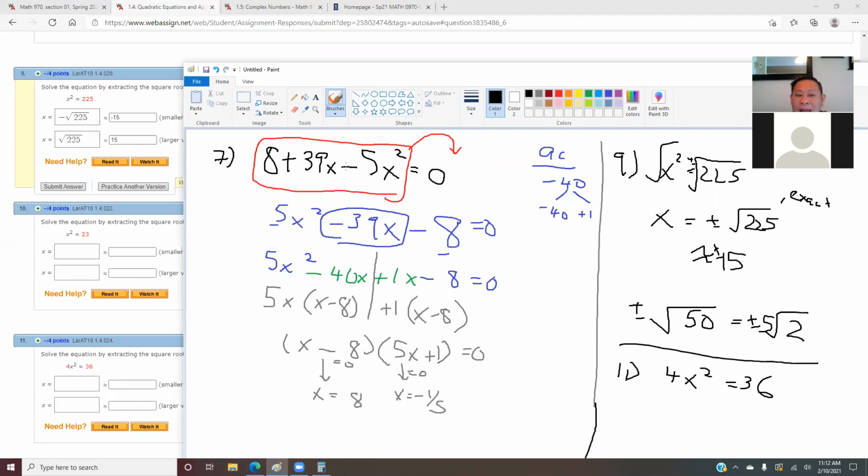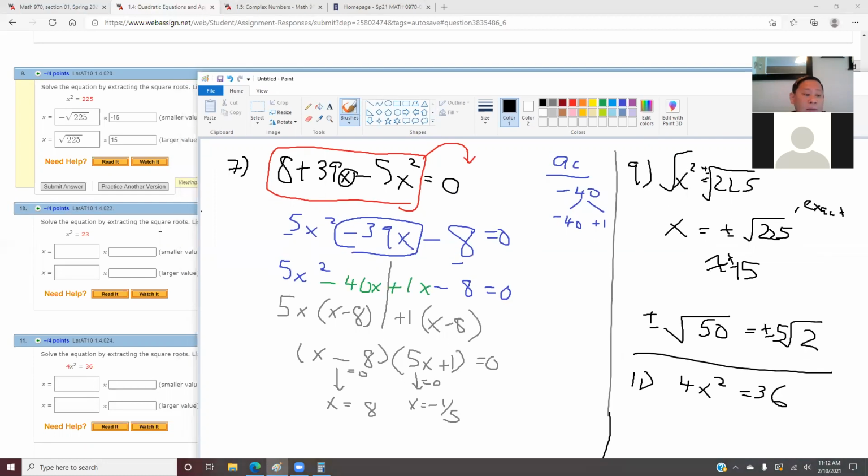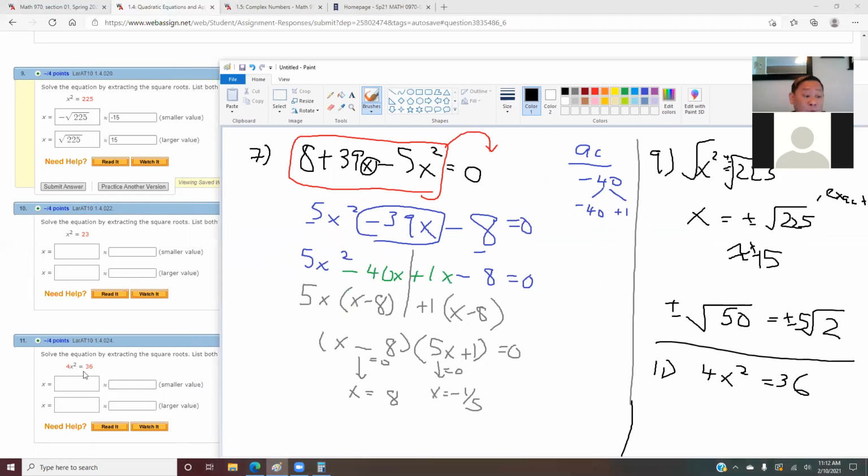Usually you have an x term when you have a quadratic. If you don't have an x term, the easiest way is to use what we call the square root property, like what we did in number 9 and 11, because you do not need to factor, you don't need to use the quadratic formula. You still get the same answer, but it's quicker. So this is something that I will tell you guys: use the square root property when you don't have an x term in your quadratic.